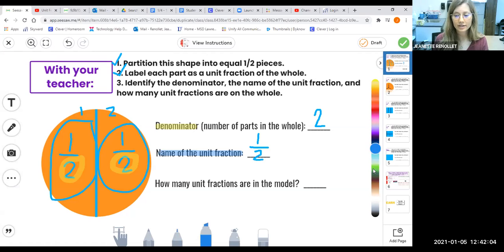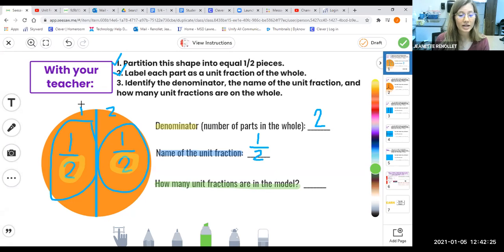The last question says, how many unit fractions are in the model? I remember that my unit fraction is 1/2. So I can count how many parts I have or how many times I labeled 1/2.